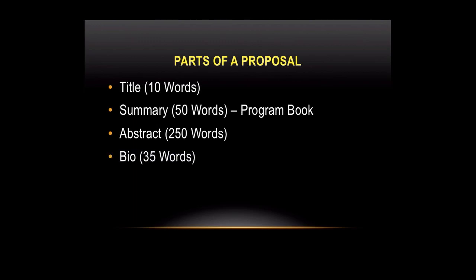And then a biography of you and your additional presenters, and that's a maximum of 35 words. A quick tip for you here is to type all of this up in a Word document. This will make it much easier for you to transfer it to the proposal submission form.